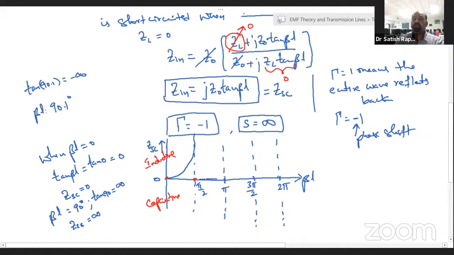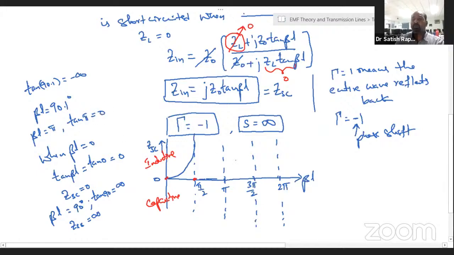Similarly, when beta L is equal to pi, tan pi is equal to 0.